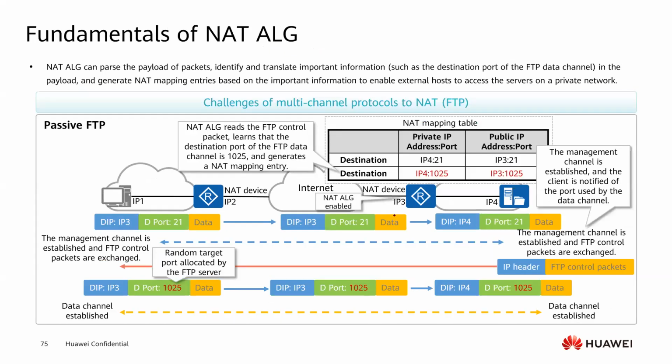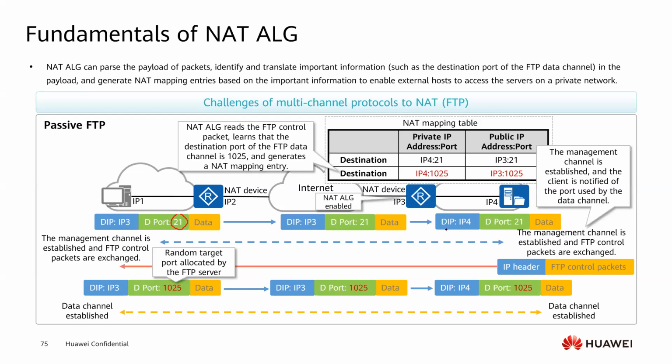Here's a little example for the NAT ALG. This is for FTP, a very common usage scenario. We know that by default FTP will use port 21 as the control channel.